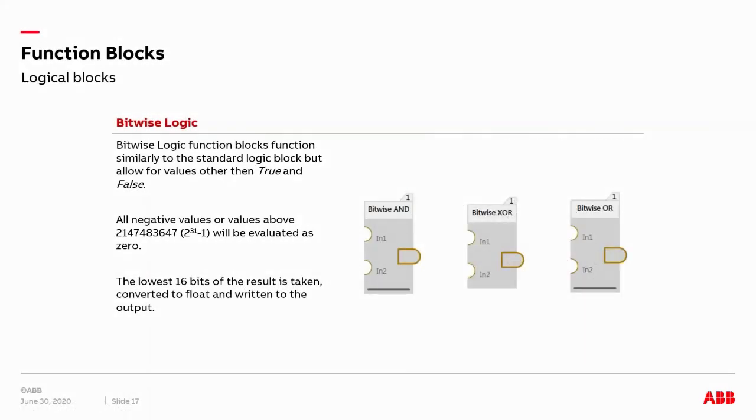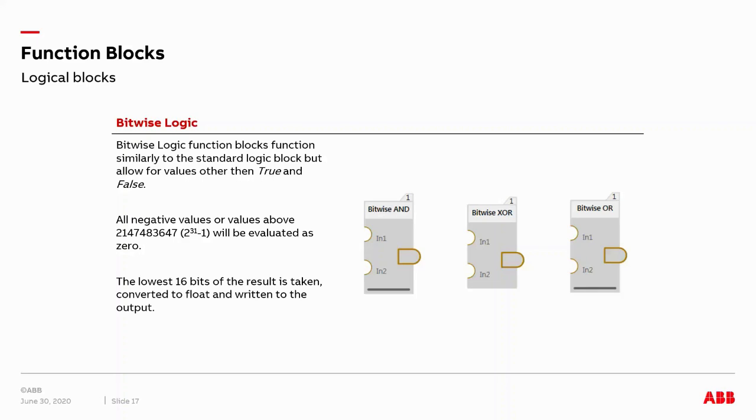All right, continuing with the logical blocks, we get into bitwise logic. Bitwise logic function blocks are very, very similar to the logic blocks we already talked about, the ANDs, the ORs, and the XORs, but they allow for other values other than true and false. The two things to note here: because I'm allowed to use floats because of that rounded input that you can see there, that's gold.